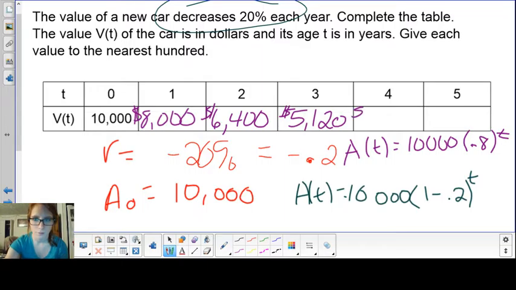Year 4 should be 4,096. And year 5 should be 3,276 and 80 cents.